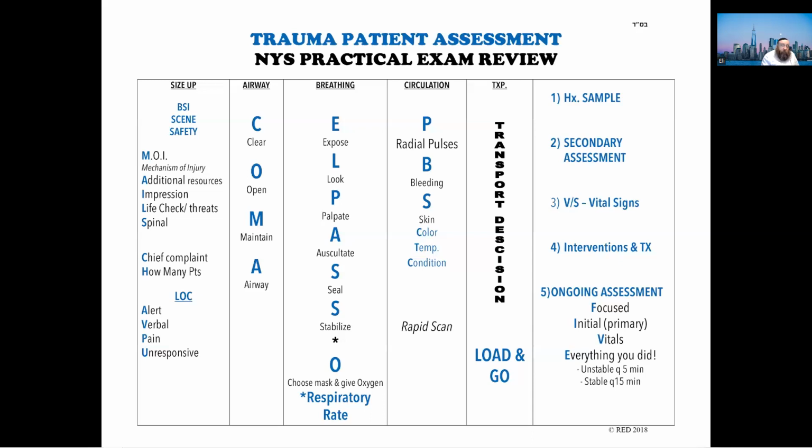O is open. We have two methods of opening the airway. We have the atraumatic, which is the head tilt chin lift for non-trauma. And then for head trauma, we have the modified jaw thrust. You have to make a decision. Which one are you going to use? I don't want to hear people saying things like, well, I could either use this or I could do that.